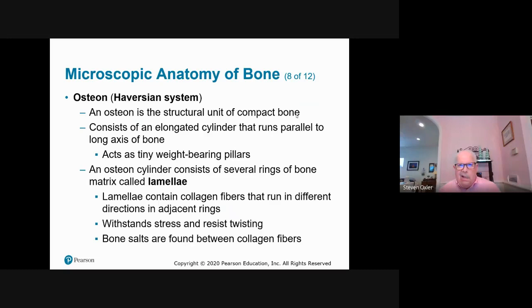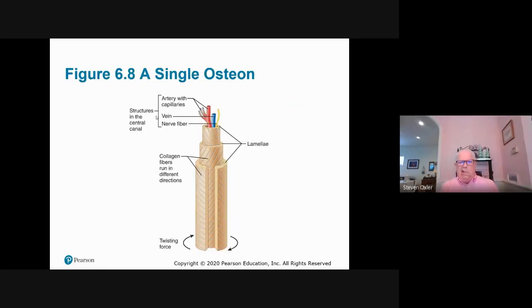It is the pillars of weight bearing, the osteon, the structural unit of compact bone. I'm not going to ask you any other questions on this. Just know what the definition of the osteon is. You won't remember all the other stuff. Just remember the osteon, okay? And this is what it looks like.